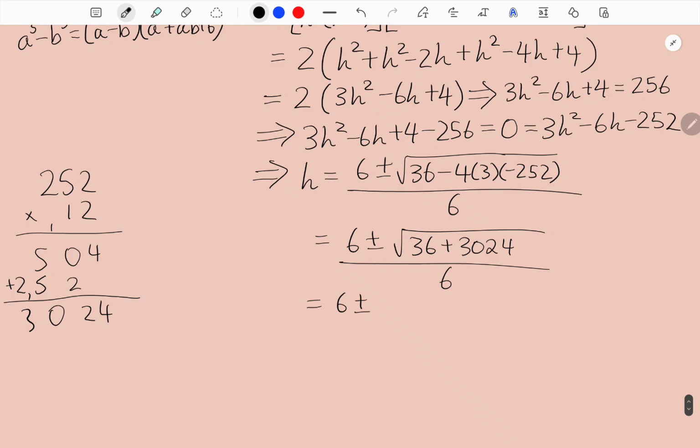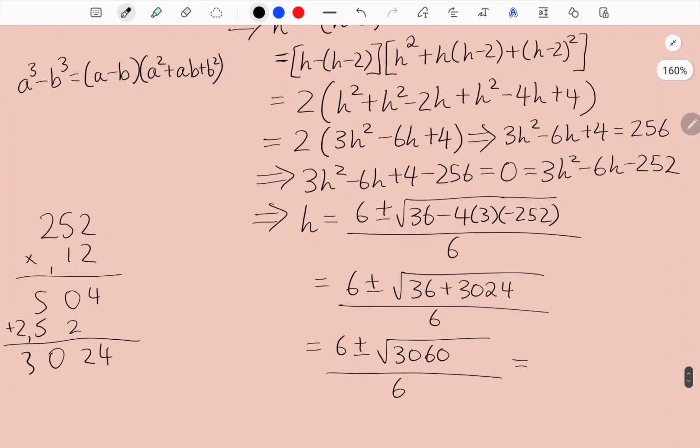6 plus or minus, so essentially we have the square root of 3060, add the 4 to 36, you get 40, 40 plus 20 is 60. So 3060 all under the square root, which is equal to, now 3060 is very interesting. It is actually equal to 4 times 9 times 17 times 5.